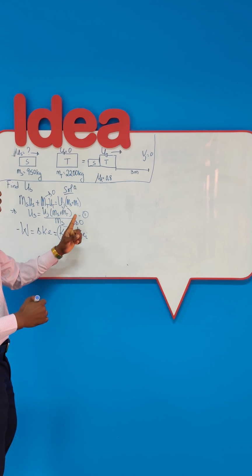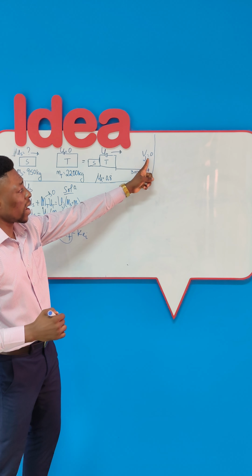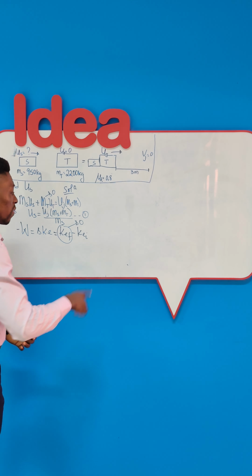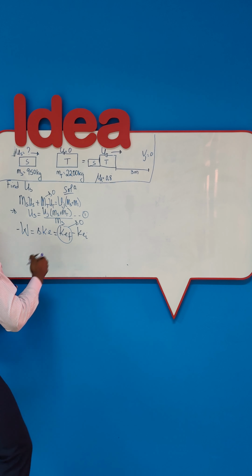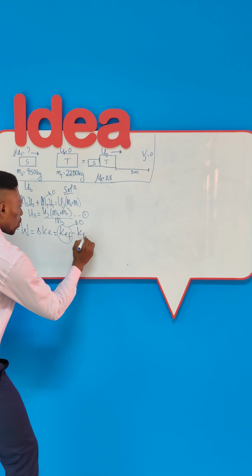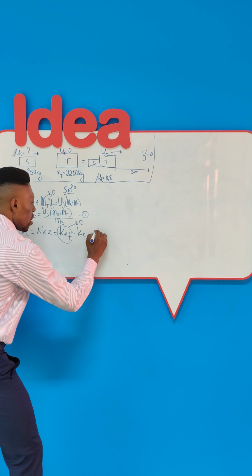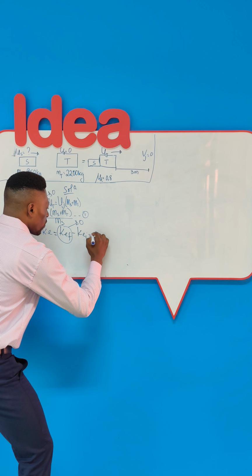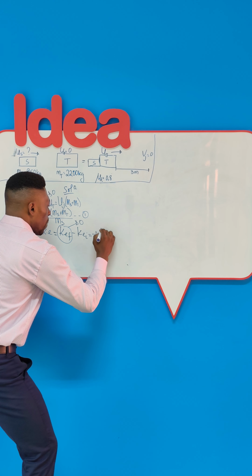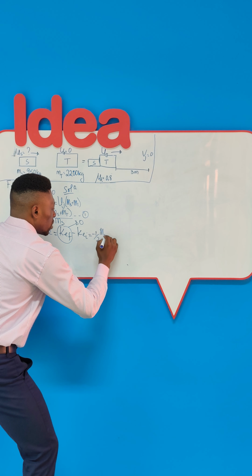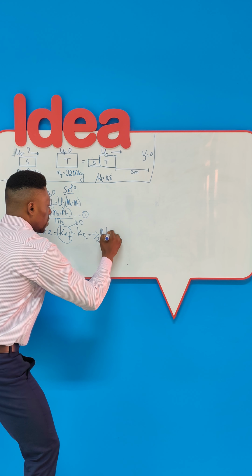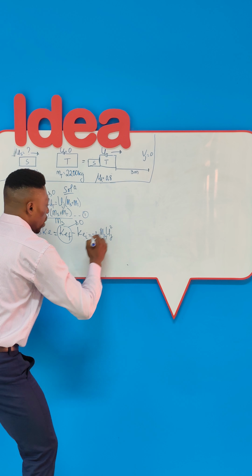This is simply because we know that at the end of the day, the final velocity is zero, and kinetic energy is dependent on velocity. At the end of the day, all of this will boil down to the initial kinetic energy of this object, which is nothing else but negative half of the mass of the sports car and the truck, times the joint velocity all squared.